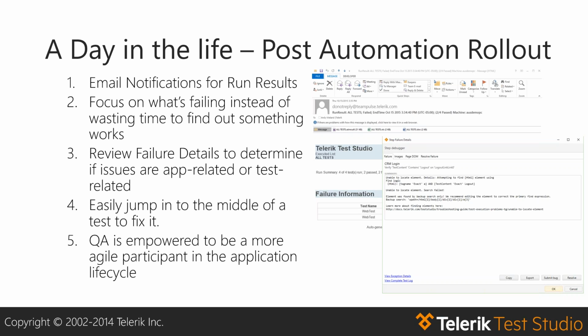One of the first ways we interact with Test Studio on a daily basis is via email notification. As we schedule the test list to execute, it includes the ability to have email notifications sent to a group of people and include attachments with result data, so that way you can easily identify where you stand.